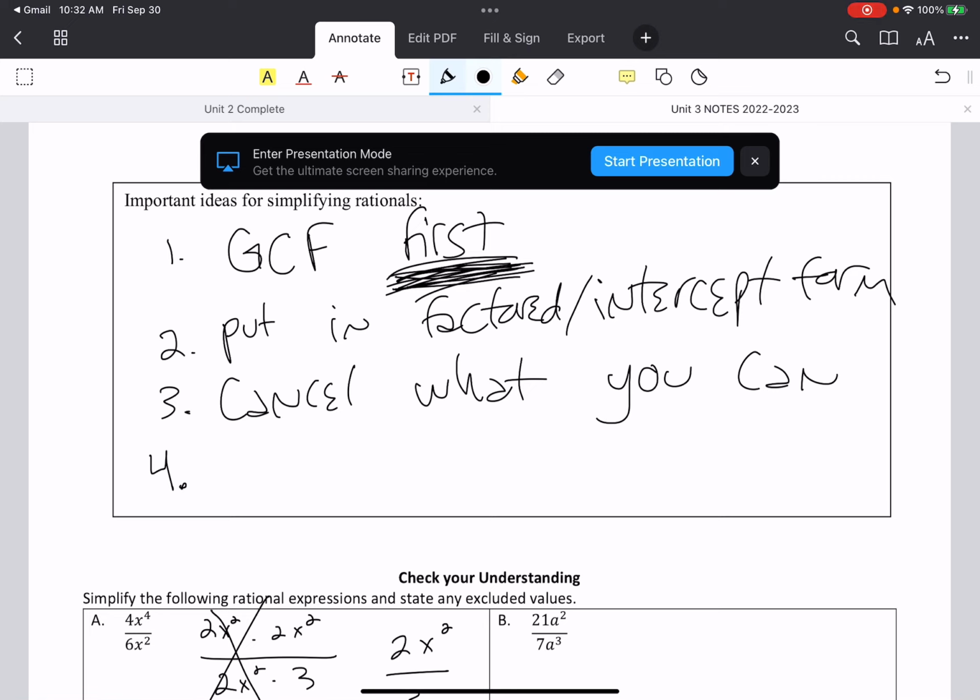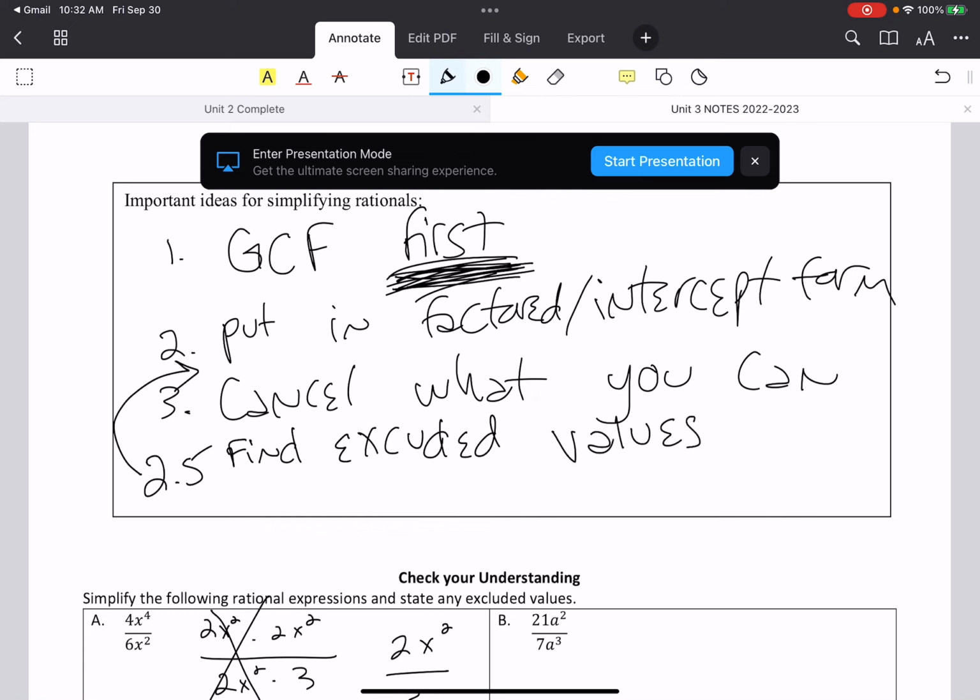Let's go back here. I guess I should call number 4 not number 4, but number 2.5. Because Jacob told me, where do I look for excluded values? Before I cancel, before I reduce. Find excluded values.